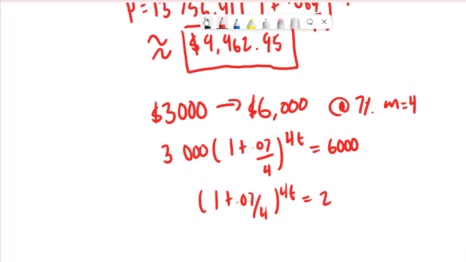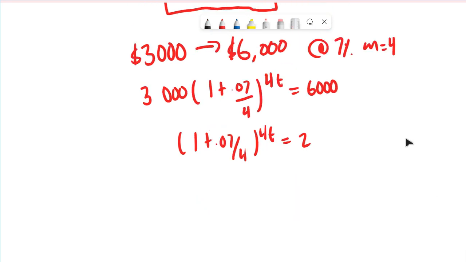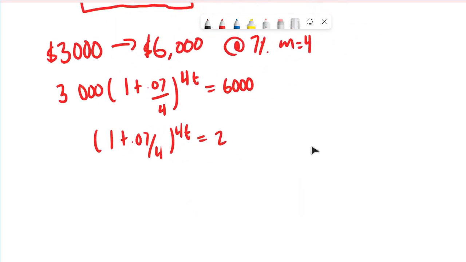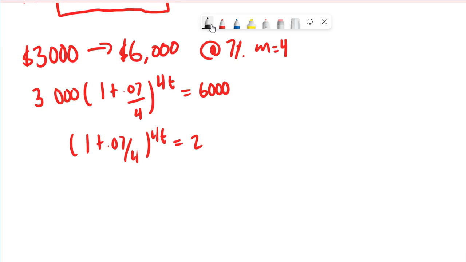Now, normally I might say let's just use the calculator to solve this. Nothing wrong with that. But given that we spent some time talking about exponential functions, then yes, we might actually need to work this out.